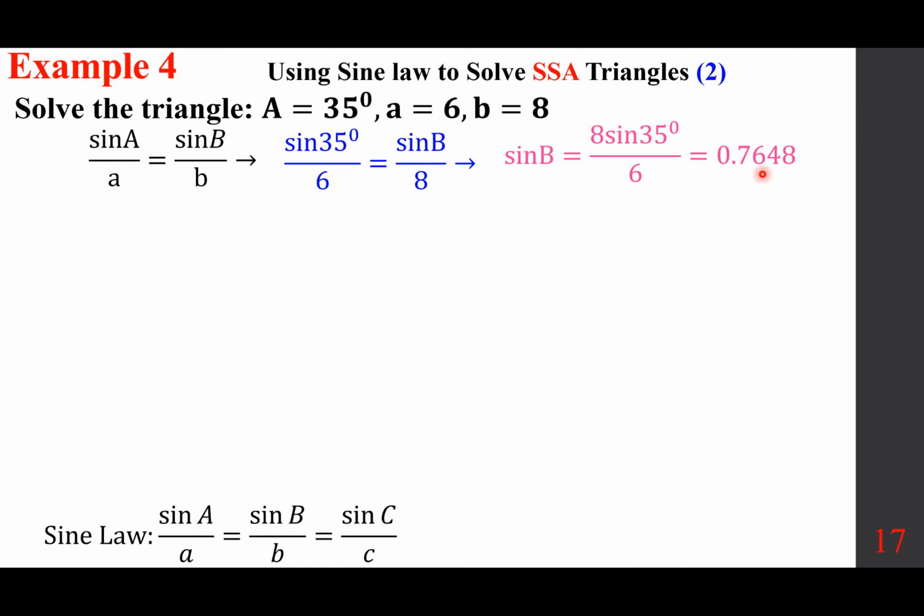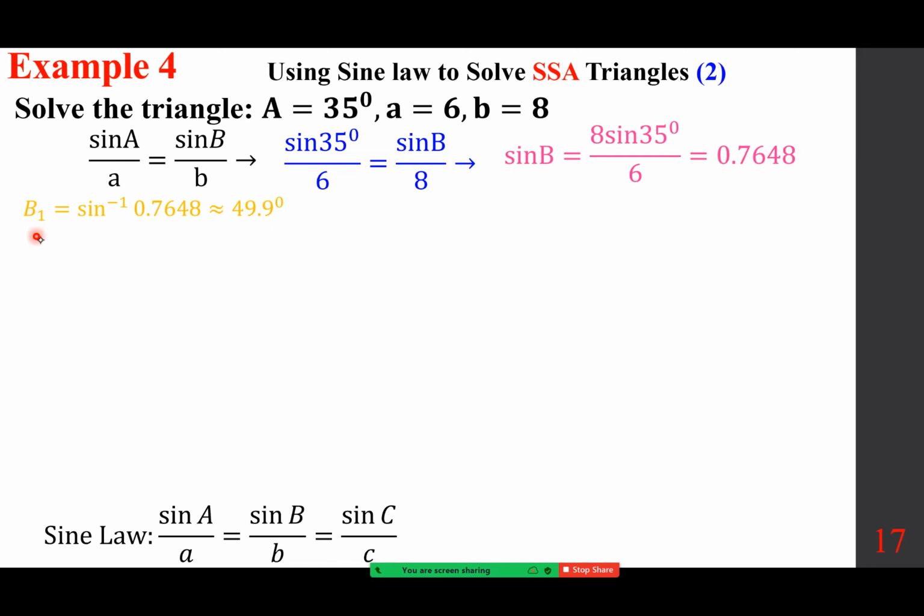All right. If sine is given and we are looking for B, we have to use the inverse function. So what is the sine inverse of 0.7648? And in this case, you want to use many decimals. It gives you 49.9 degrees, and we're going to call it again B sub 1.